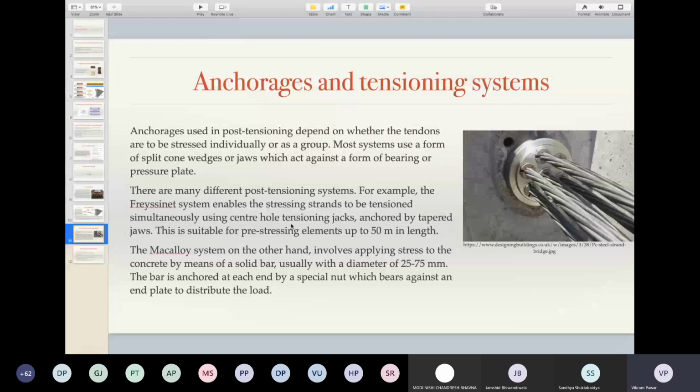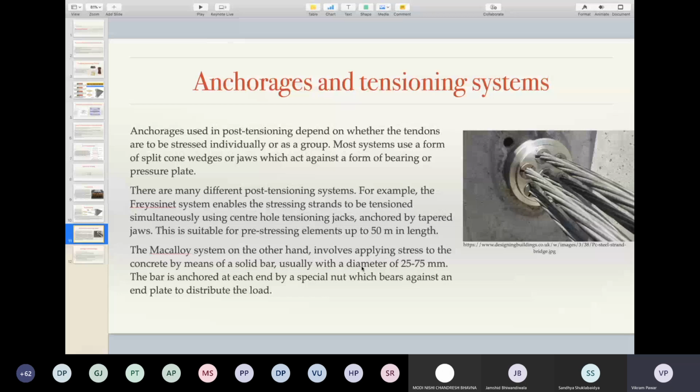The Macalloy system, on the other hand, involves solid bars, usually of diameter 25 mm to 75 mm. That's almost 3 inches. The bar is anchored at each end by special nuts, which bear against an end plate to distribute the load. So the end plate also is critical.